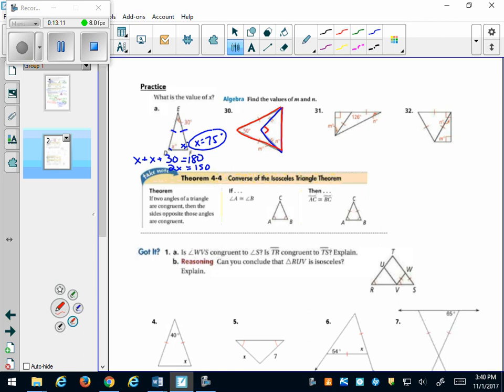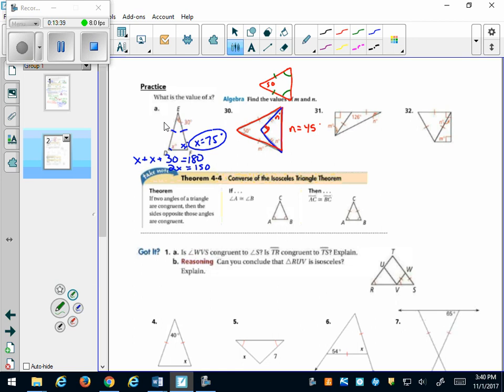Well, if that's 90, and these two angles are both the same, they both must be equal to n. Well, if this one's 90, each of these must be 45. Now, if we take the red triangle, this is 50, well then, each of these have to be congruent because this is congruent to this.